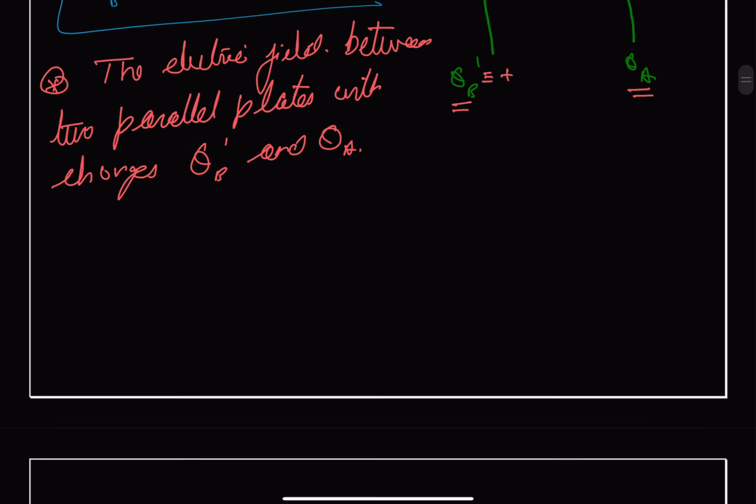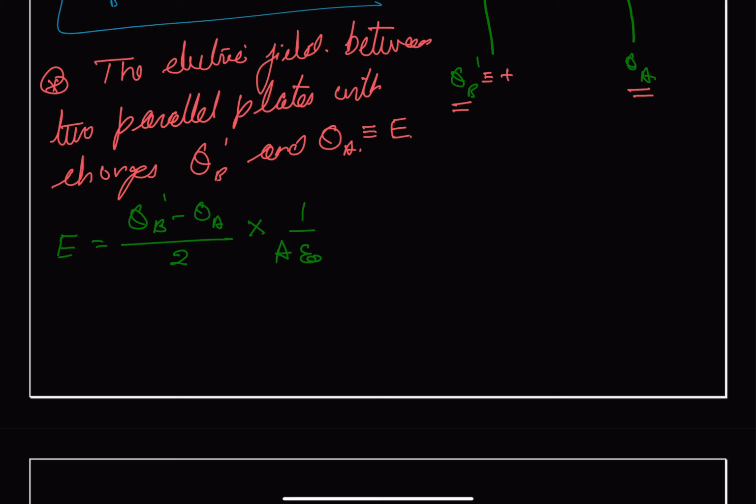Let us suppose that the electric field is given as E. Therefore we can write that our electric field E will be the charge on the plates, that is QB prime minus QA, divided by 2 A epsilon naught. And we already know their values, we simply substitute them.